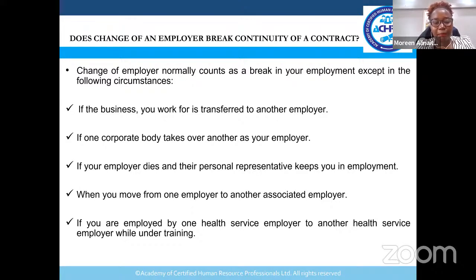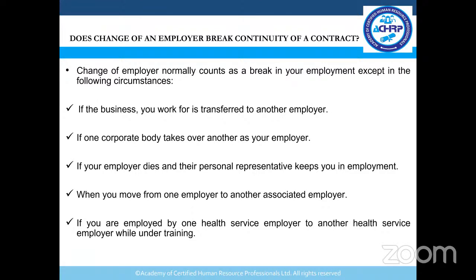When you move from one employer to another associated employer. Now, I beg your pardon. So when you move from one employer to an associated employer, that means your contract is not considered to have been broken.